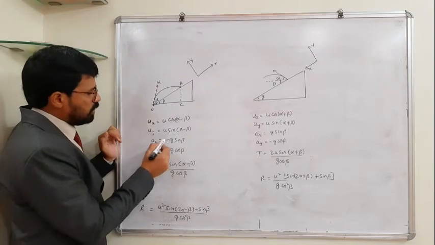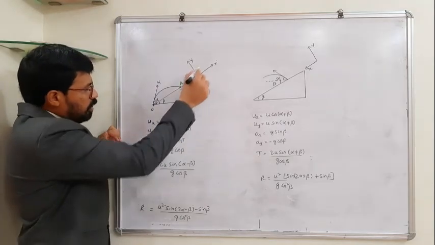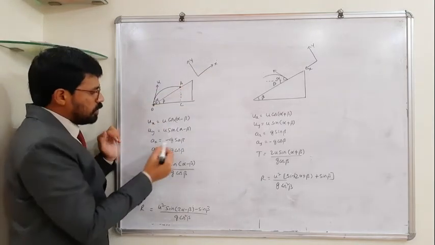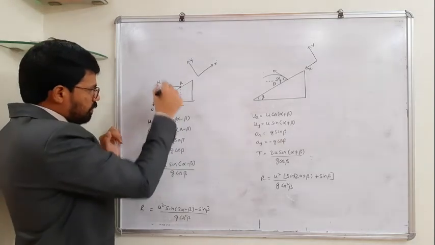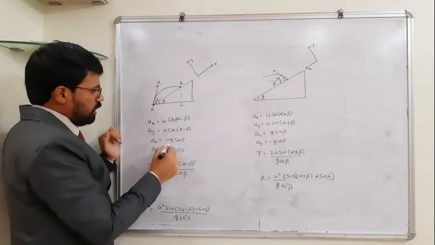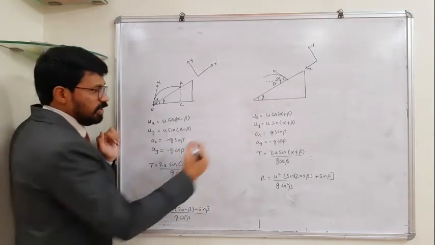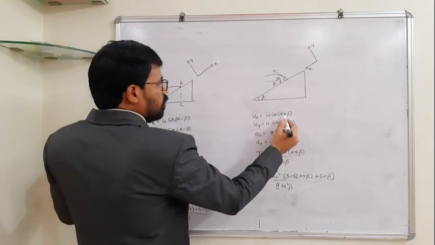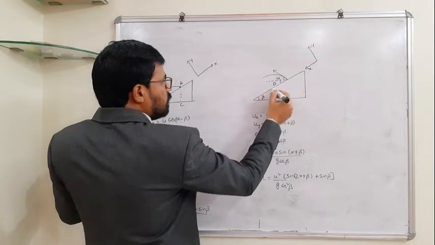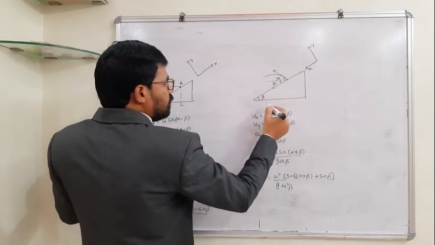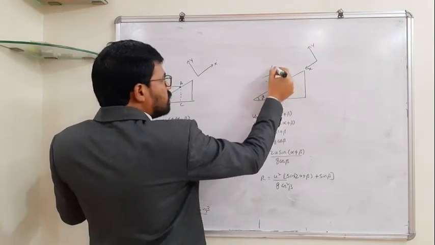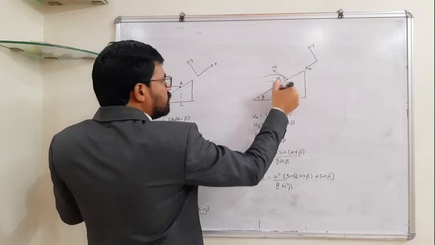Ax, ay we have seen already. Ax is down the plane, opposite to this positive axis, so minus g sin beta, and along the negative y direction we have the y component of acceleration, which is minus g cos beta. And here, see, ux is u cos alpha plus beta. Obviously, along this direction, if you are trying to find the cos component, the initial velocity of projection makes an angle of alpha plus beta with this direction.